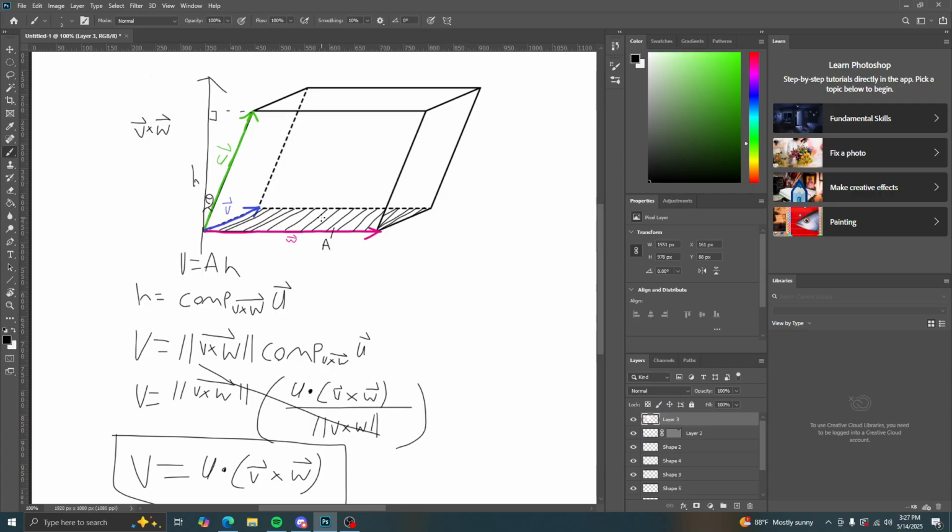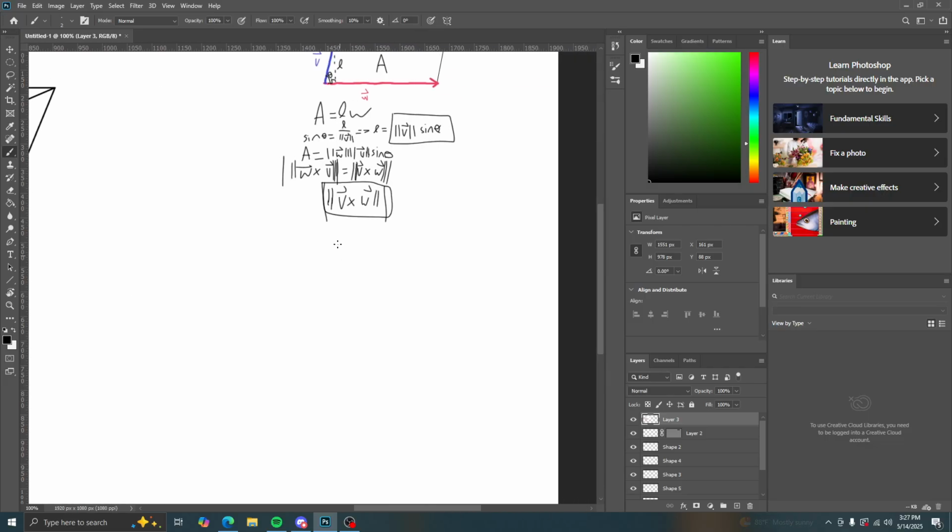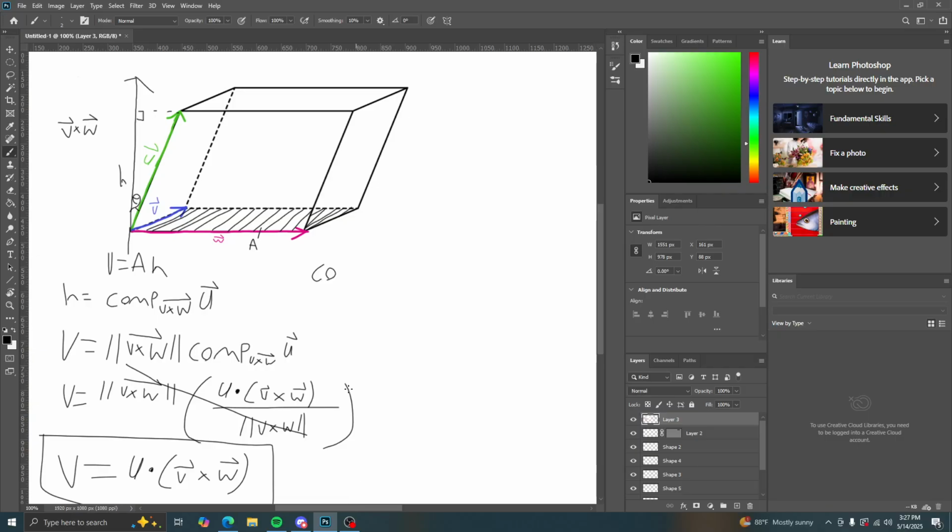So with that in mind, if we're trying to get the height, we can figure it out using cosine. Cosine of theta, which is by the way completely unrelated to the other theta, and is just the angle between u and this area, is equal to the adjacent height over the hypotenuse of the triangle, which is the magnitude of vector u.